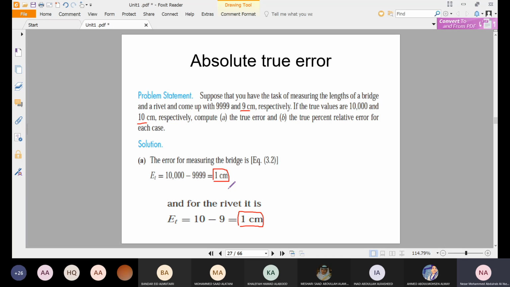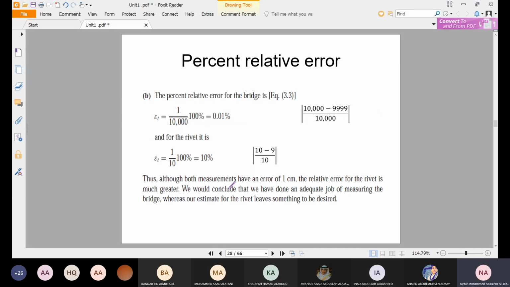But this does not tell us what the effect of this 1 centimeter is on our design or on our implementation of the system. Here we'll use the percentage relative error. This will help us represent how this measurement will affect our design. If we consider the percentage relative true error for the bridge, this equals 10,000 minus 9,999 over 10,000, multiplied by 100, and this equals 0.01%.